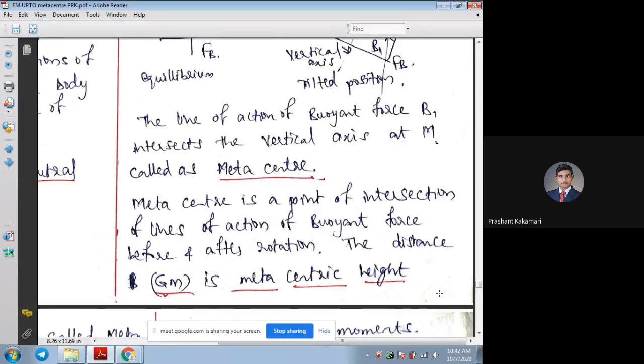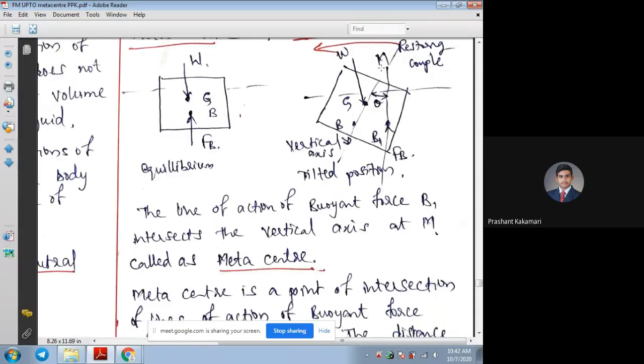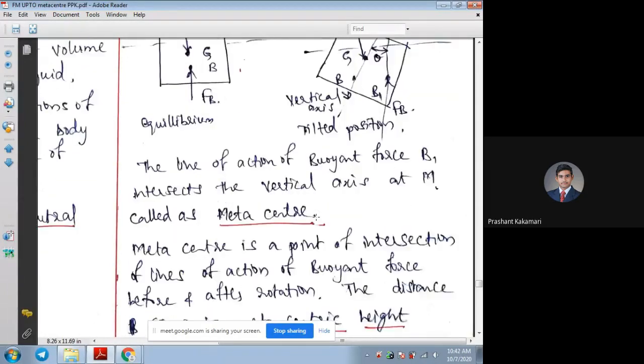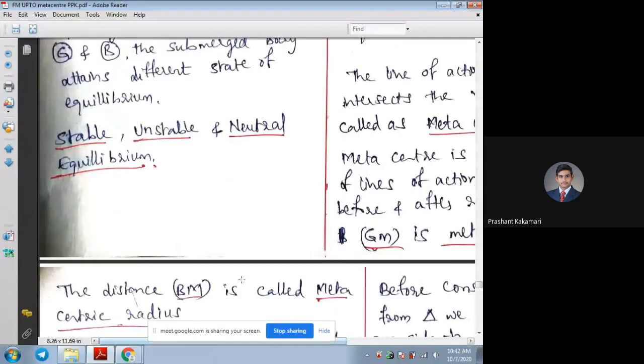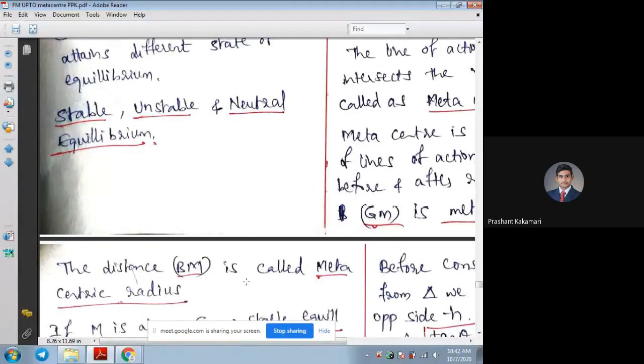Now we'll try to find out this position of the metacentric point from GM or from BM as per the sketch given here. For that, you can note down the different names here. G to M, we are going to call it the metacentric height. The distance between center of gravity and the metacentric point is the metacentric height.